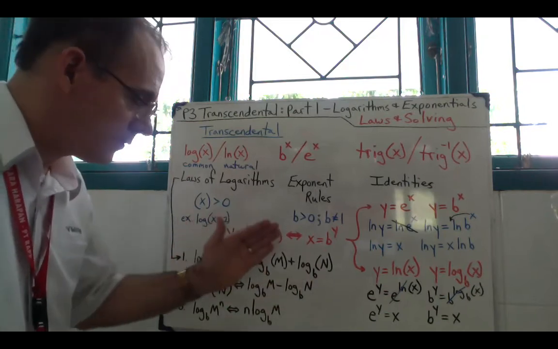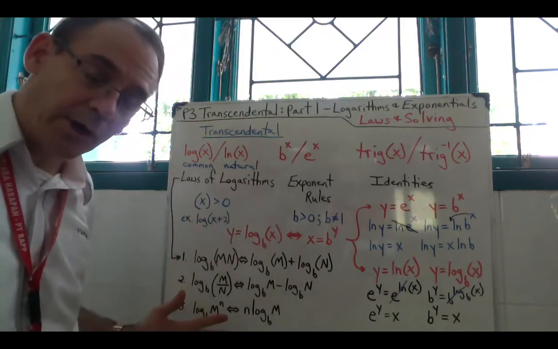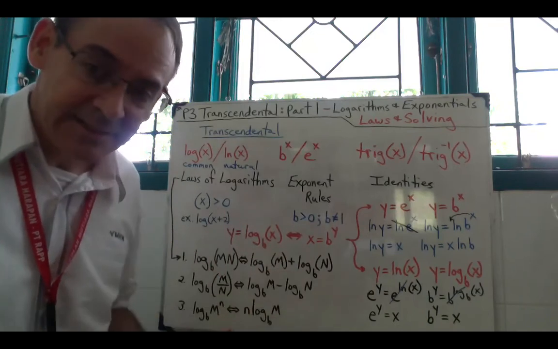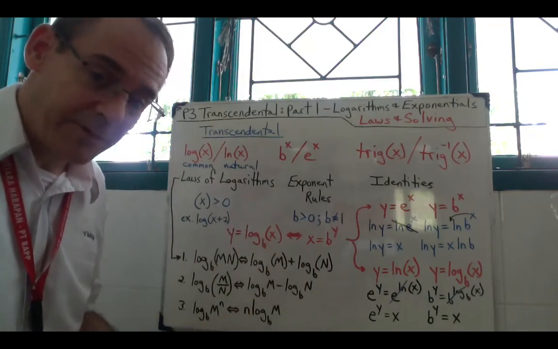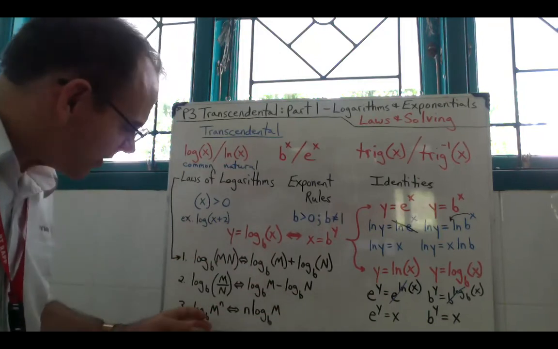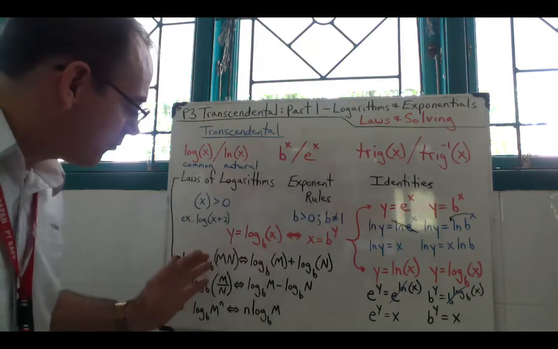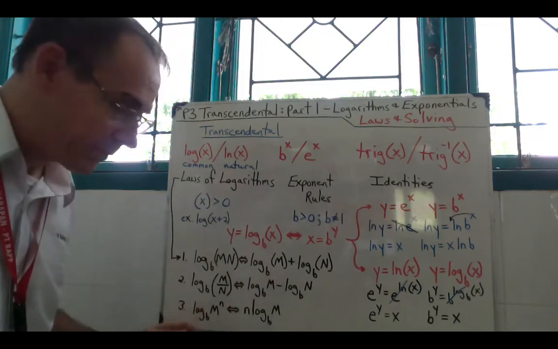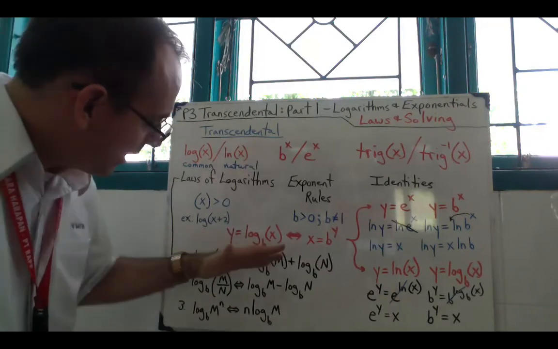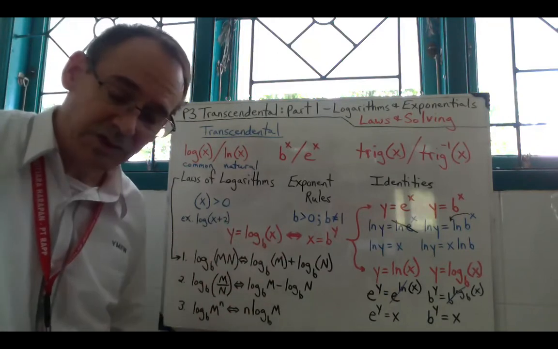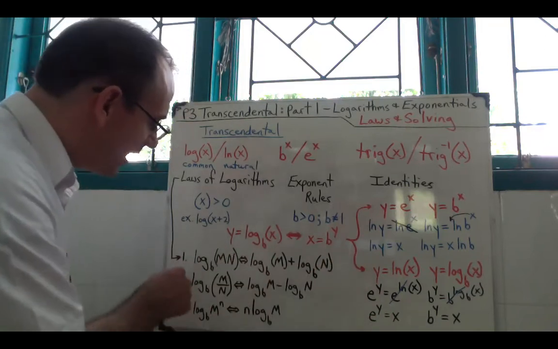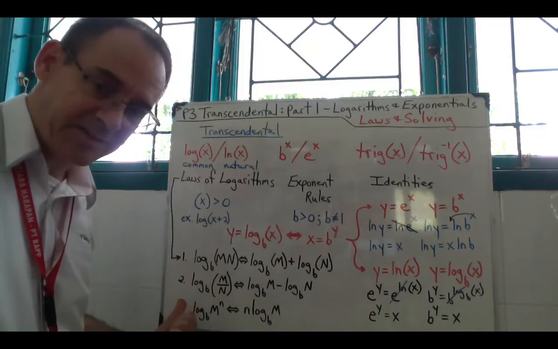These are three laws of logarithms, and there are more. Some curricula go off into 6 different laws of logarithms that you can derive, but these are the main 3. And they are also reversible, meaning you can go either direction. If you go in the direction that we just discussed, it's called expanding. If you put them together, it's called condensing.